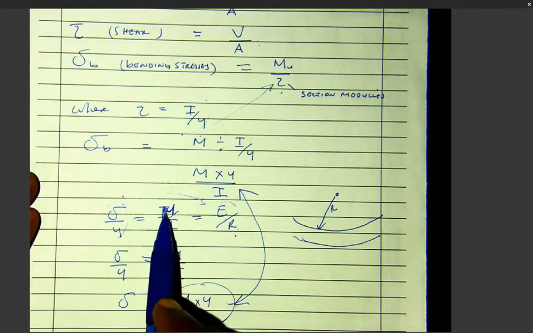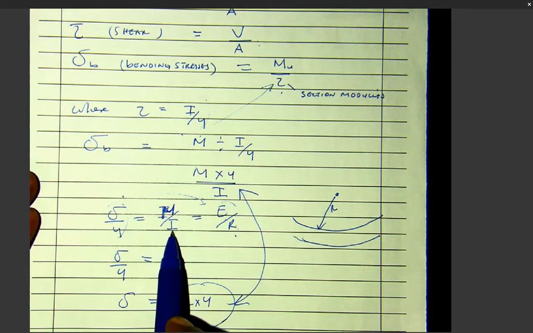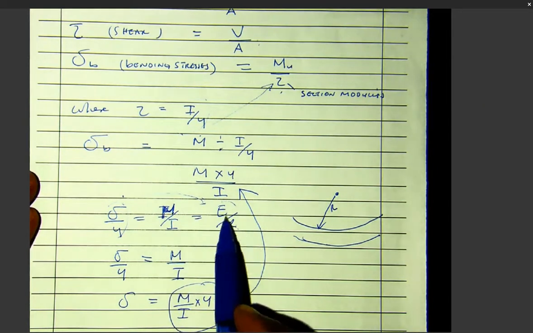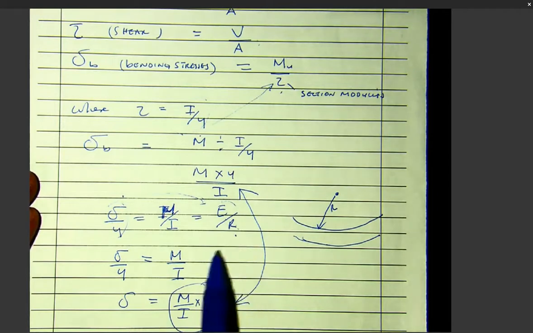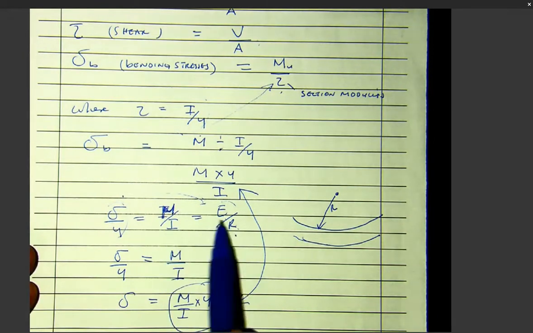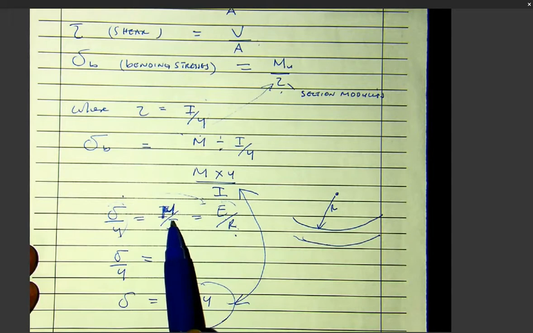Sometimes you will be asked to calculate the radius of curvature. If you're given the M value, the I value, and the Young's modulus for that section, what is the radius of curvature? It's a question of manipulating the equation, so you use the second one and the last one.